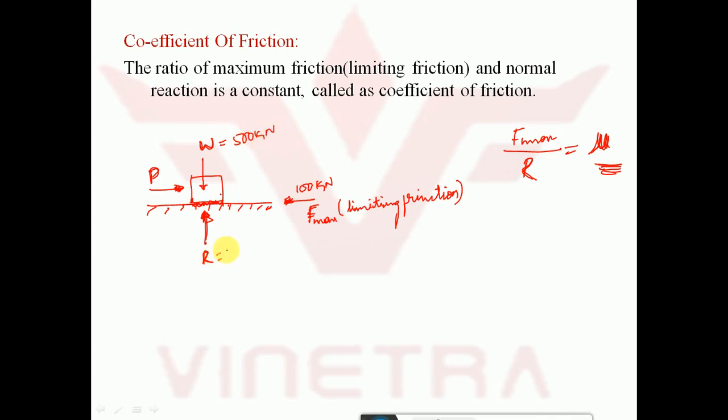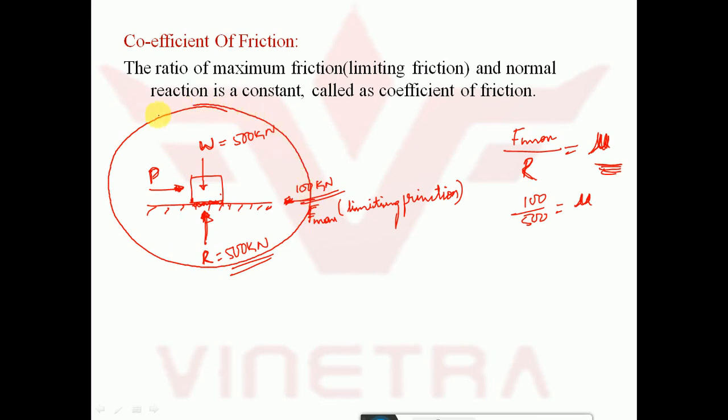So the reaction developed will be equal to 500 kilonewton. So this limiting friction value will not change, and this support reaction will not change. So 100 divided by 500 will give me the value mu. So for a given system, this mu will remain constant, mu will not change.